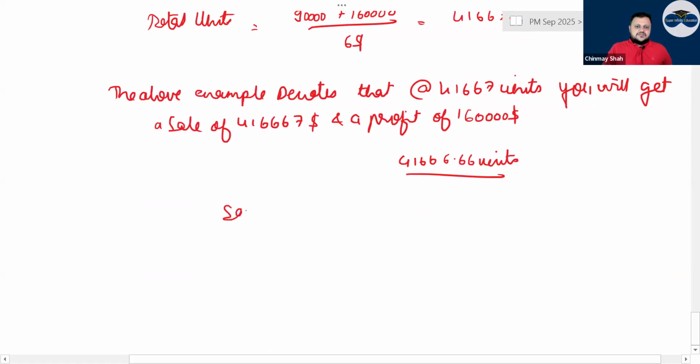So sales will be how much? 416,666, correct? Minus variable cost at $4.